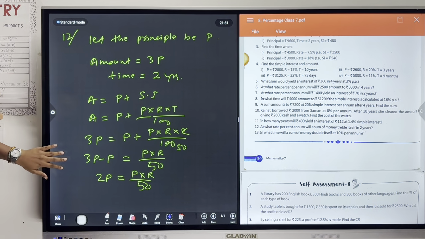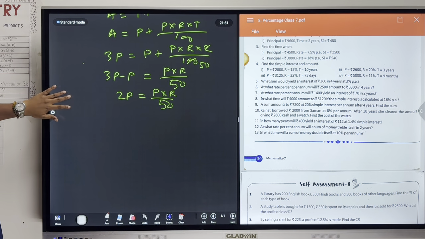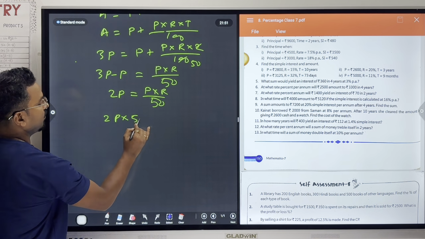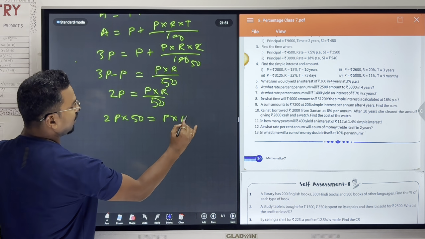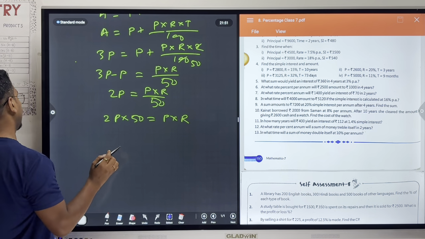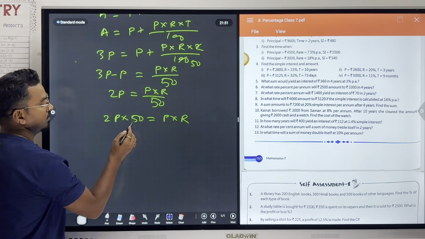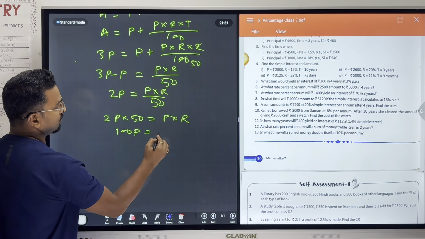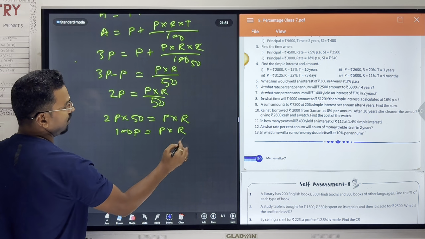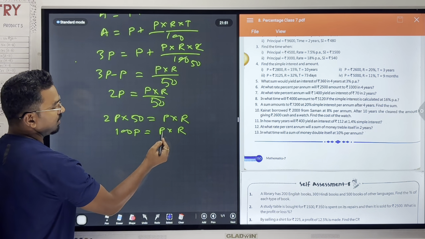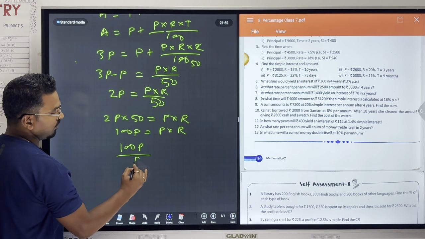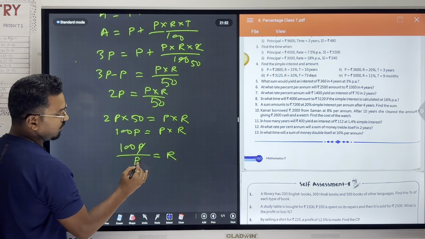Bring it to the other side, it will multiply. 2P multiplied by 50 equals P into R. If you multiply you will get 100P equals P into R. So keep this R here, bring P to the other side: 100P divided by P is equal to R. So P will get cancelled.